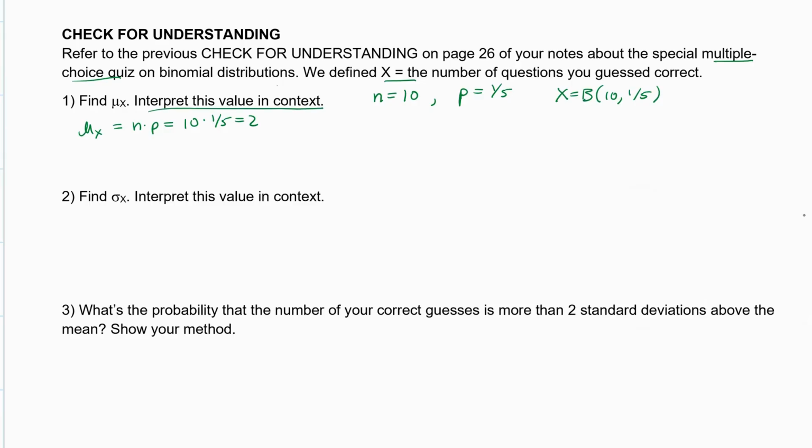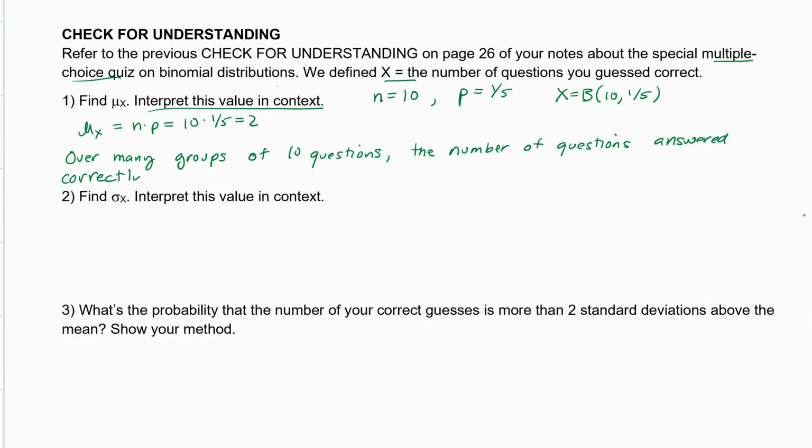And what does it mean in context? Over many groups of, in this case, 10 questions, the number of questions answered correctly was 2 on average.